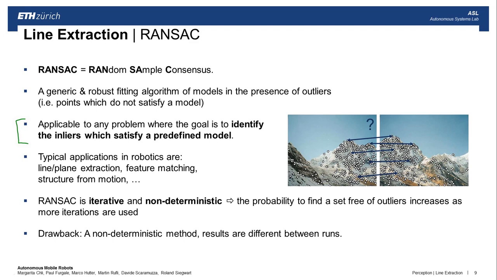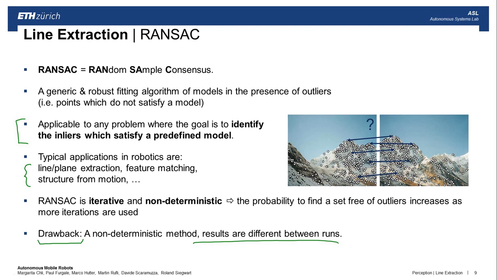Now, RANSAC has a lot of applications in robotics, and here I name just a few. Some important things to remember about this algorithm is that it is iterative and non-deterministic. That is, results are different between runs, which can also be considered a drawback of this approach.